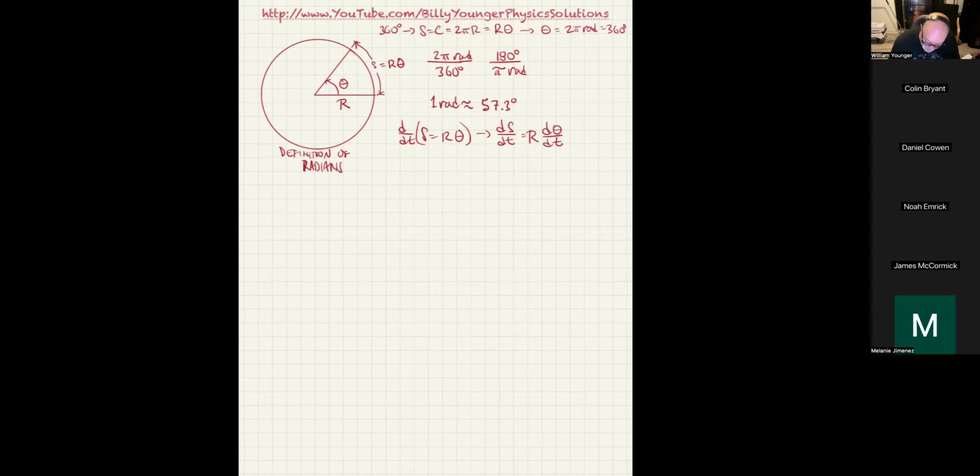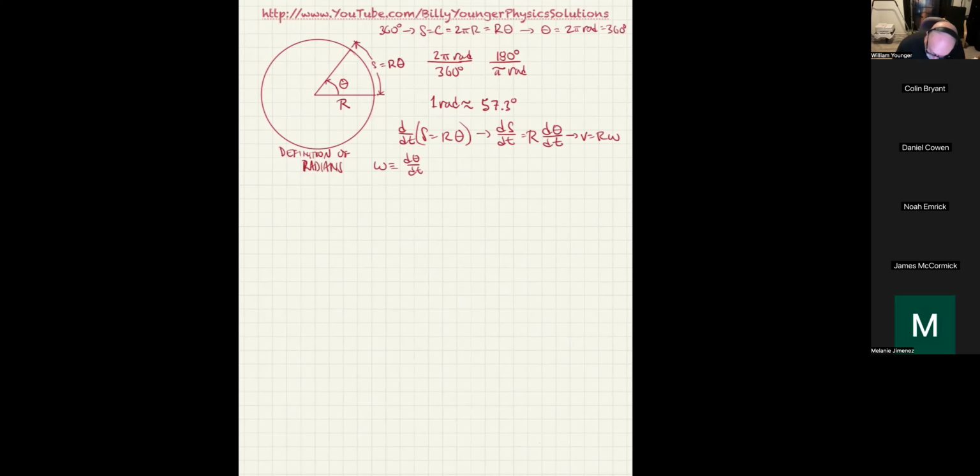Now, we define this ds over dt. You can see that's a measured distance along the arc of a circle. So that's literally just your distance traveled, and therefore you could easily relate it to speed, but it's also related to velocity. So we could say this is equivalent to V equals R omega, where omega is defined to be d theta over dt.